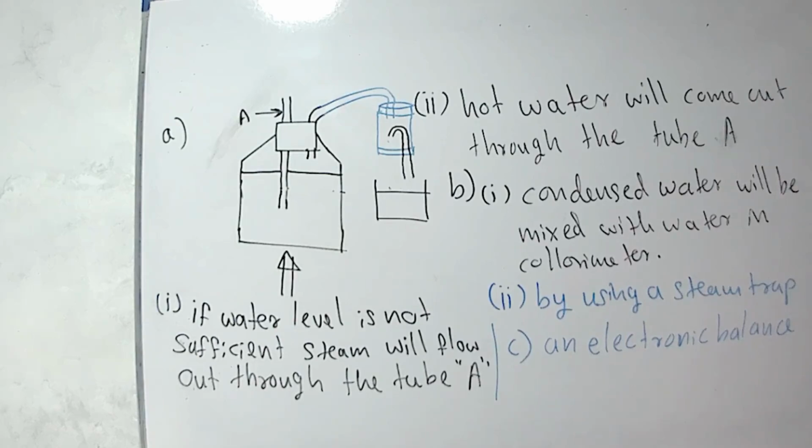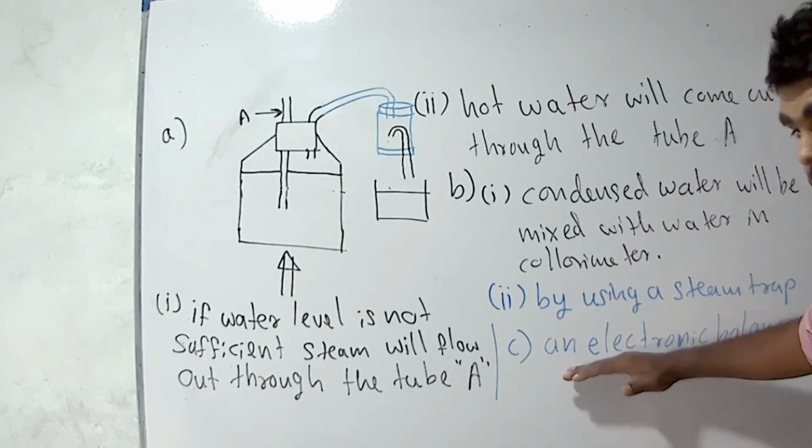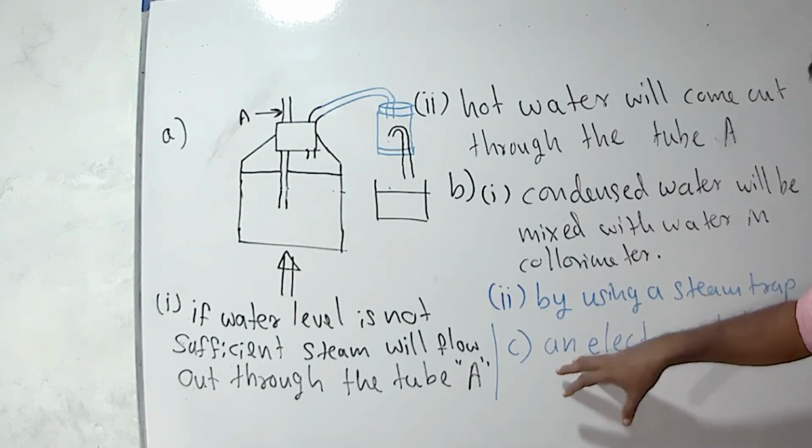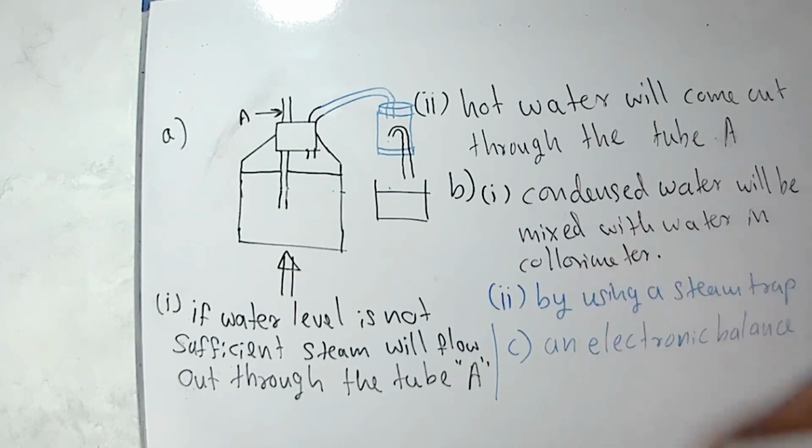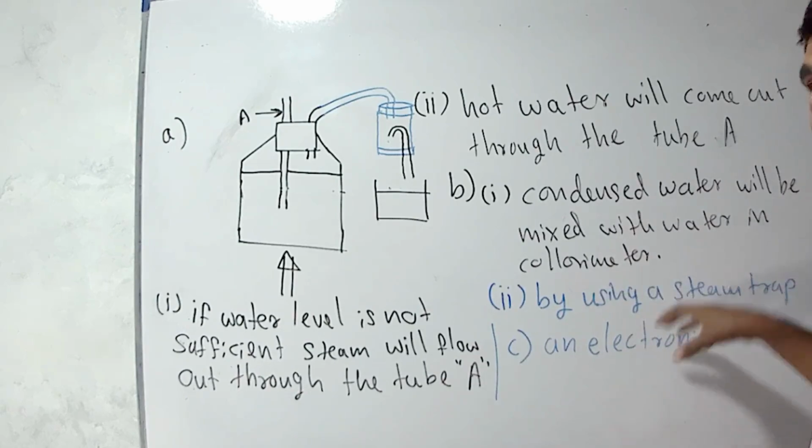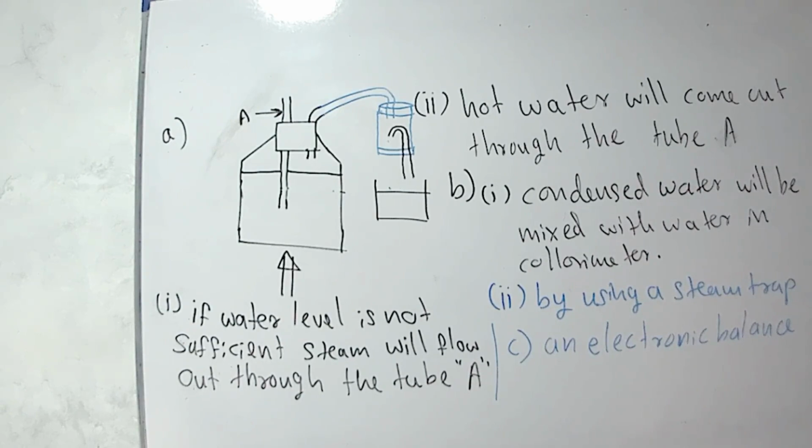We normally use an electronic balance, but if you have written a chemical balance, triple beam balance, or four-beam balance, it is also correct. We also have to use a thermometer.